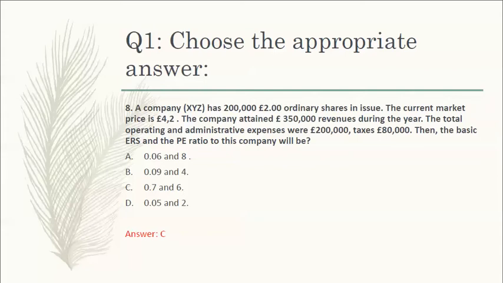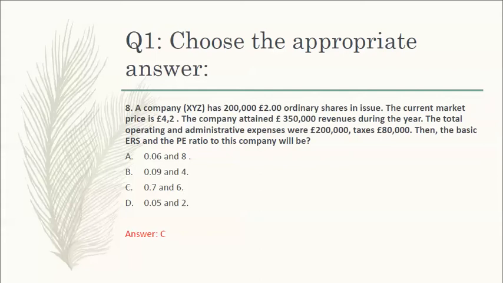Before we solve this question, we need to know the equation of earning per share. As we know, the earning per share equals the earning on ordinary activities divided by the number of issued ordinary shares.